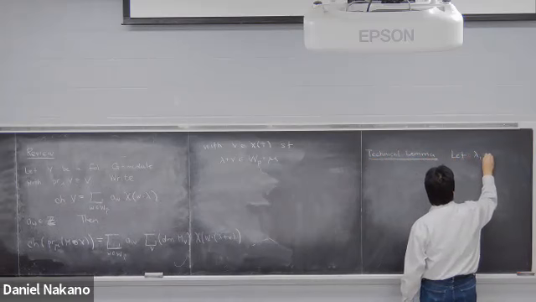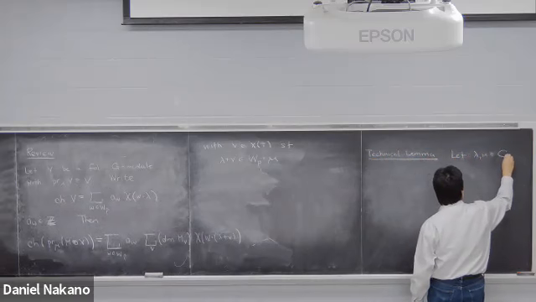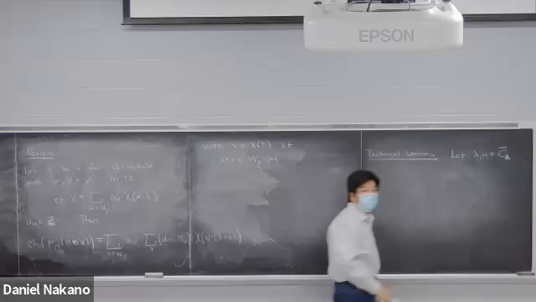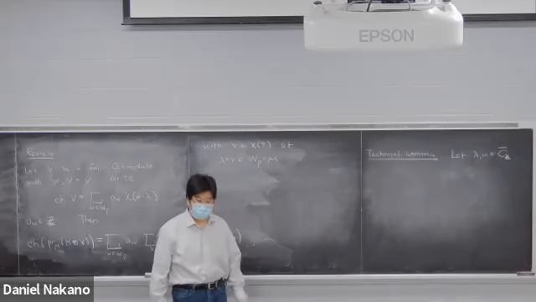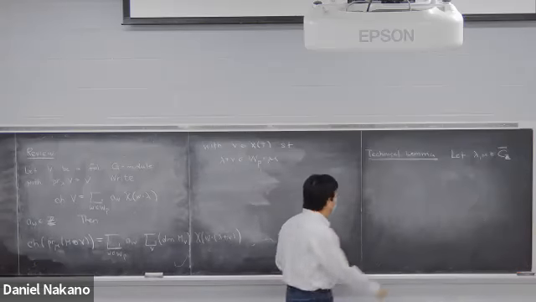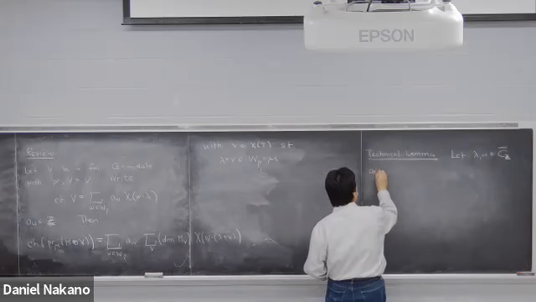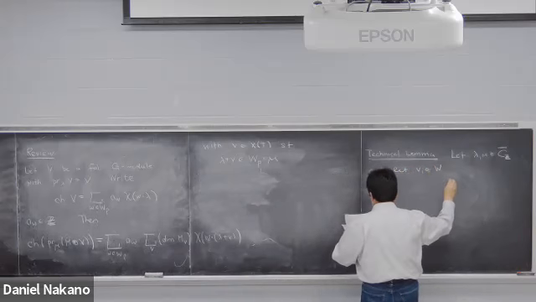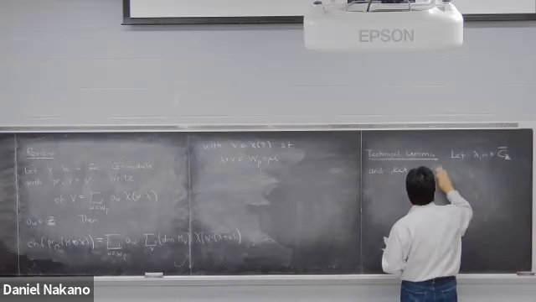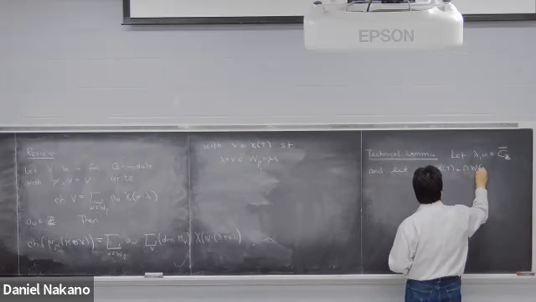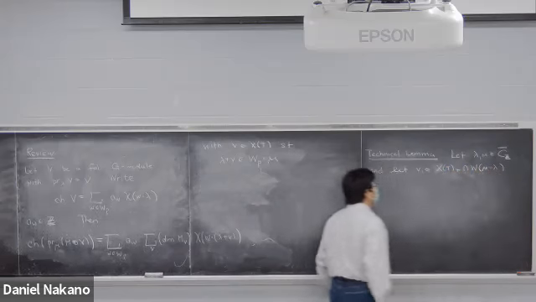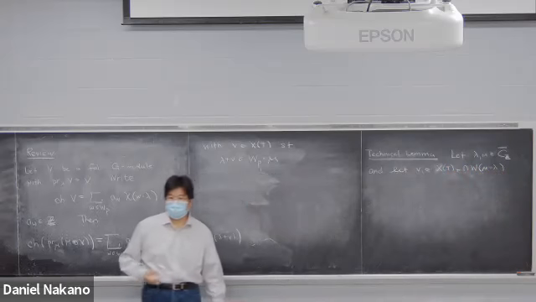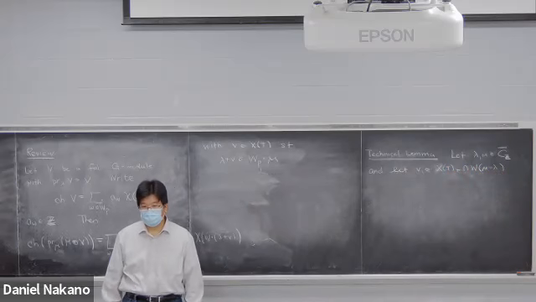Suppose you take two weights which are in the closure of the bottom alcove, and let nu1 be a dominant weight which is conjugate to mu minus lambda. Remember, this is the dominant weight you pick when you're doing translation from mu to lambda.